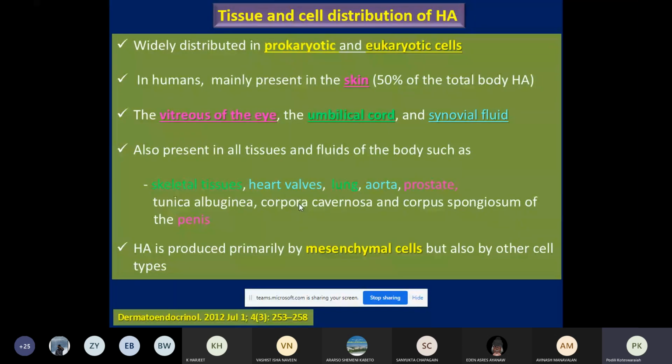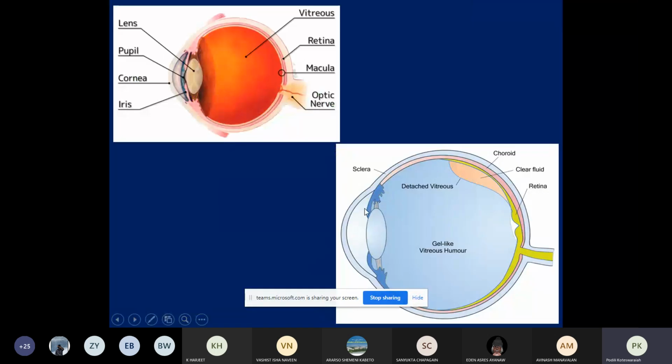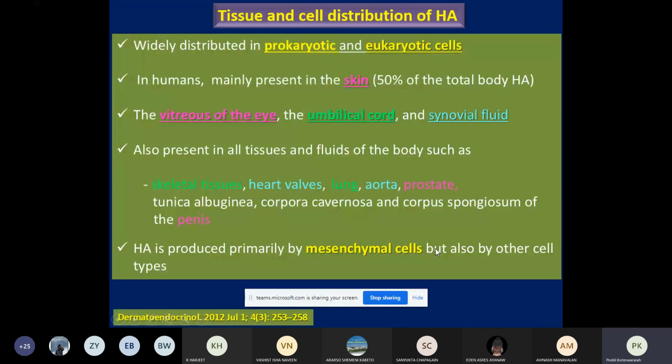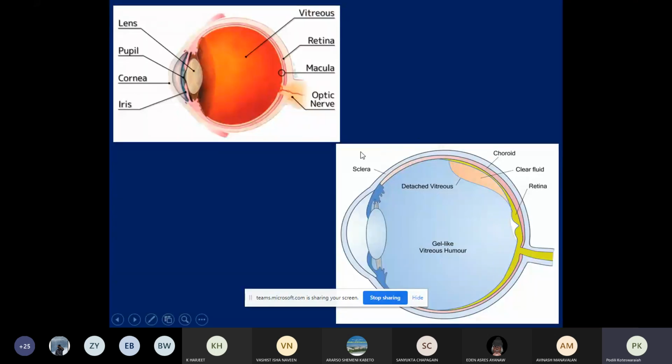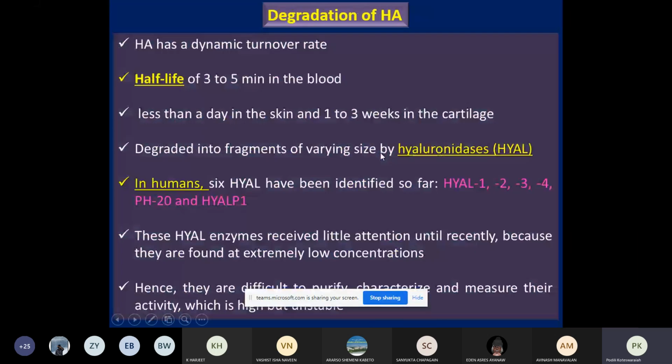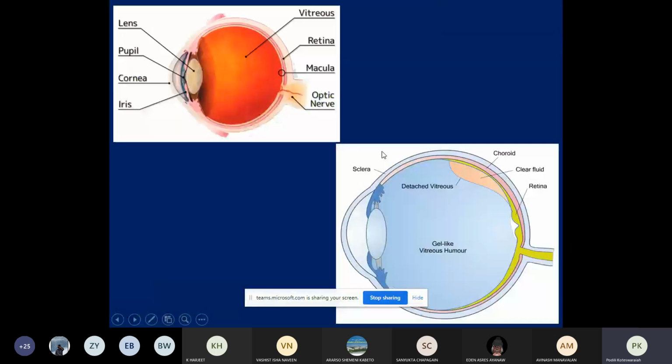In Greek, hyalos means transparent, that means it has a translucent appearance, and it is mainly present in the skin and the vitreous of the eye. You can see here, this is the vitreous, the gel-like substance. It is also present in the umbilical cord and the synovial fluid, which we know is the fluid present in the synovial cavity.